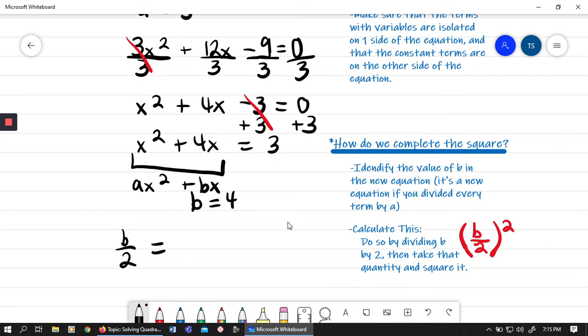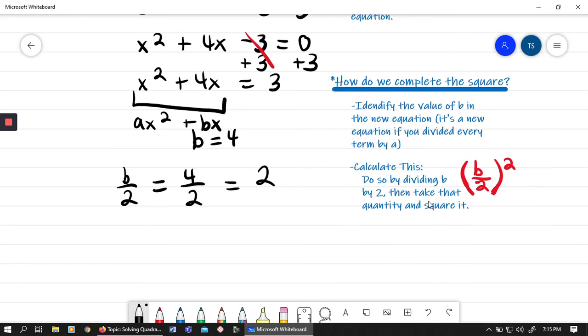So b divided by 2 is 4 divided by 2, which is 2. That's the first part: take b, take 4, and divide it by 2.